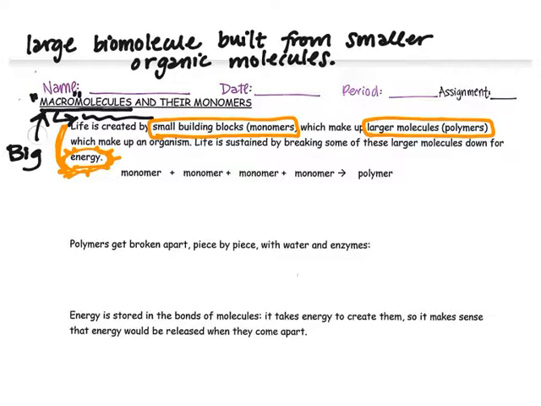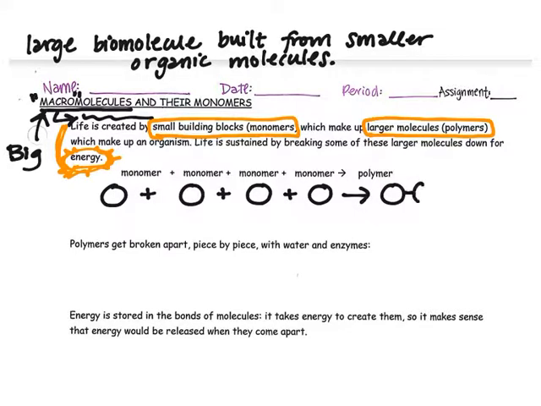So let's draw a little cartoon to visualize how these polymers form, how these little building blocks come together. Let's symbolize a single monomer as a little circle. These are little Lego pieces. And they're going to come together to form a polymer where they're all bonded together. So let's show that these 4 monomers are bonded together.